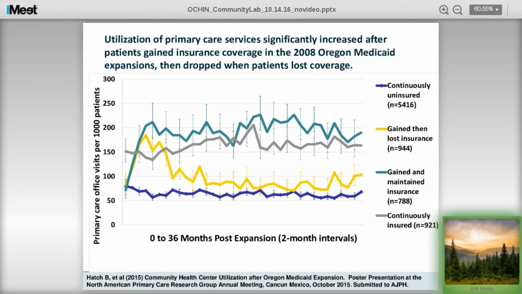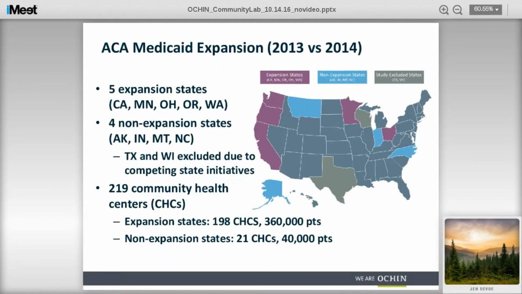Those that gained coverage and maintained coverage had utilization looking much more like the continuously insured. So this type of community laboratory is very powerful in studying what happens when policies change, when practices change, to get a sense of how utilization changes during those natural experiments.